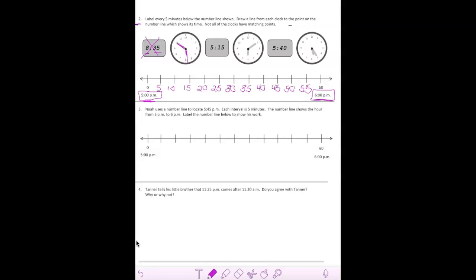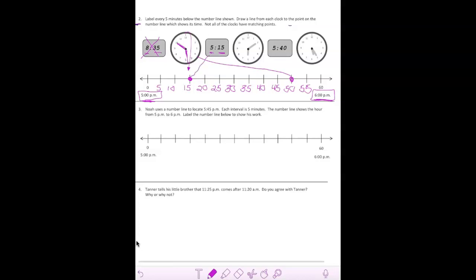So if I count around the clock, 5, 10, 15, 20, 25, 30, 35, 40, 45, 50, that is 5:50, and I'm going to draw a line and match it. Next, we have the hour of 5 plus 15 minutes. Well, that's after 5 o'clock. So 5 plus 15 minutes goes right there. So I'm going to match that clock.